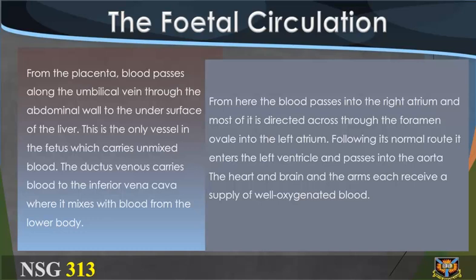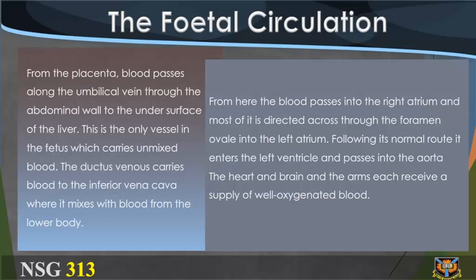From here, the blood passes into the right atrium and most of it is directed across the foramen ovale into the left atrium. Following its normal route, it enters the left ventricle and passes into the aorta.